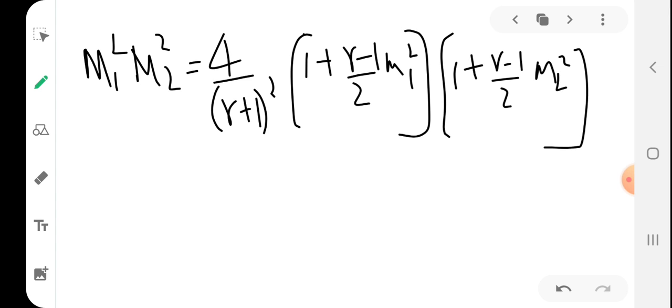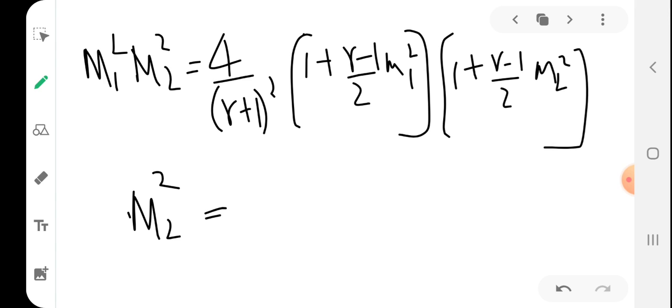Okay, now you just simplify this equation, and you bring M2 square to one side. I'm skipping all those rearrangement steps because they can be done by yourself. Simple algebra, so I'm not writing all those steps.